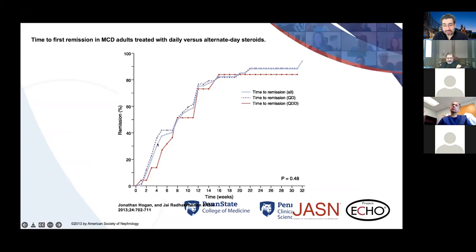In the middle, the solid line is all remission times, whereas the purple one is daily and the red one is alternate day. You can see that the purple one is winning the streak by a little bit. So maybe there is a slightly earlier response with the daily dosage schedule.